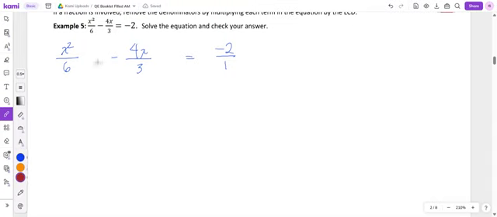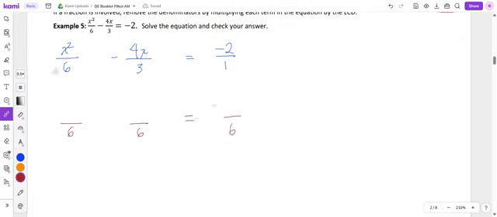Meaning, what's one number that you can divide by 6, 3, and 1? Anyone know what it is? We could do 6. Okay, so what I want to do is I want to do it so that each fraction has a denominator of 6.